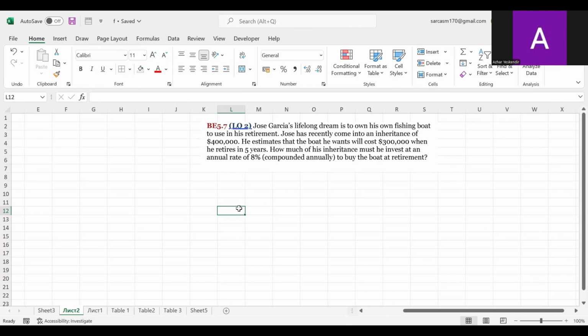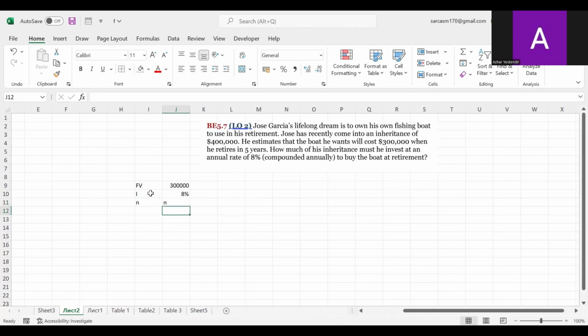Okay, so what do we have? We have 5 years, and at the end of those 5 years, future value must be 300,000. So let's write down future value 300,000. Interest rate is 8%, and number of years is 5.